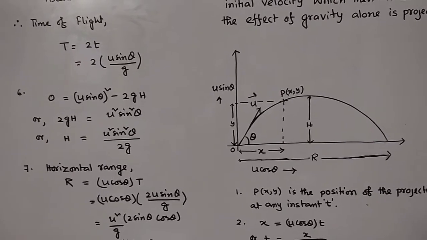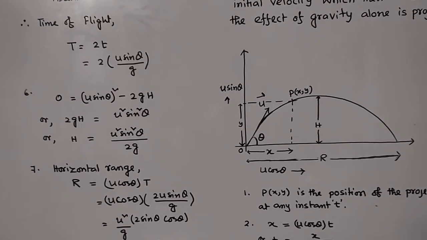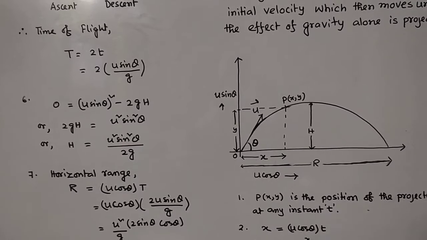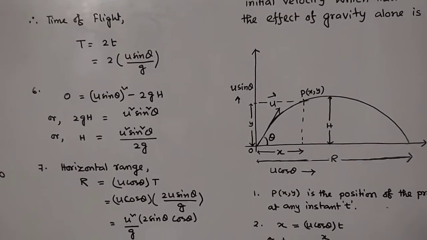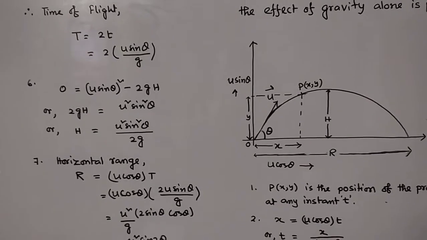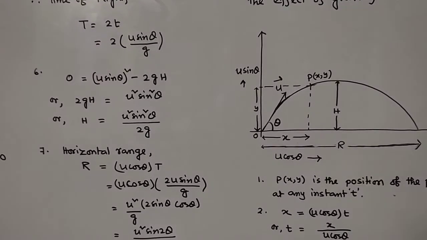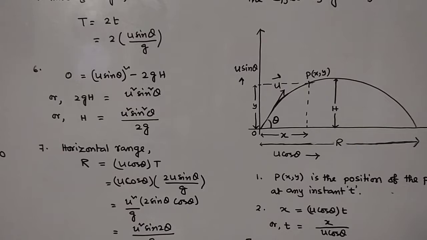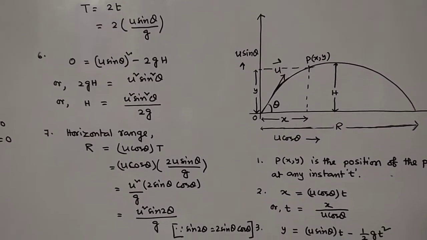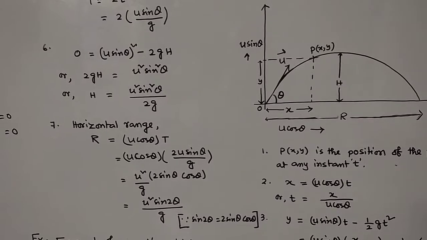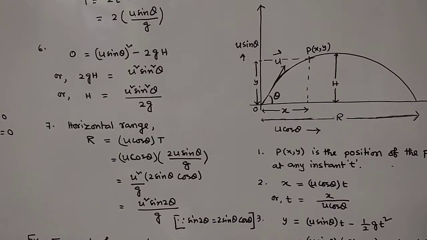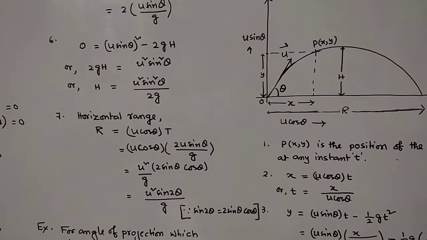The time of flight is capital T, and the horizontal component of velocity is u cos theta. So R equals u cos theta times capital T, and capital T we have already defined as 2u sin theta by g. If you simplify, it comes out to be u square by g times 2 sin theta cos theta, but 2 sin theta cos theta equals sin 2 theta, so u square sin 2 theta by g is the horizontal range.